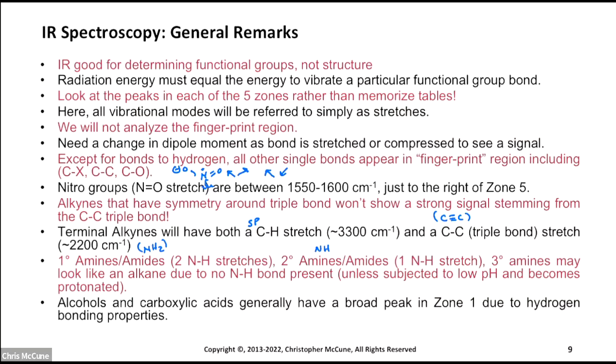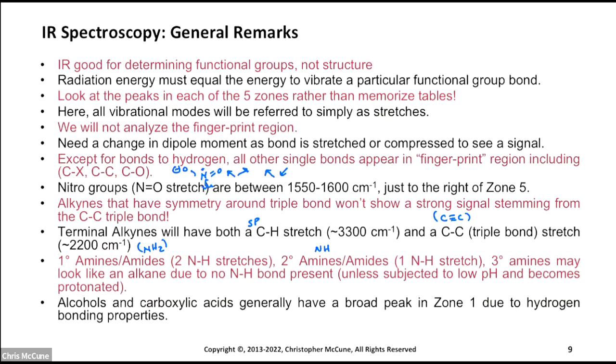And secondary amines or even secondary amides, they're going to show only one NH stretch. Okay. And that's because, like the nitro group, if you have a primary amide, you're going to get the symmetrical stretching or the asymmetrical stretching. So that's why it's showing two stretches. With just one NH bond, you're not going to see any more than one stretch.